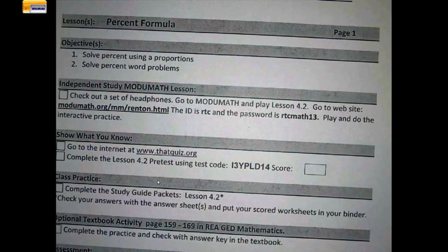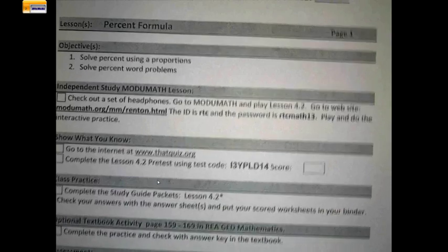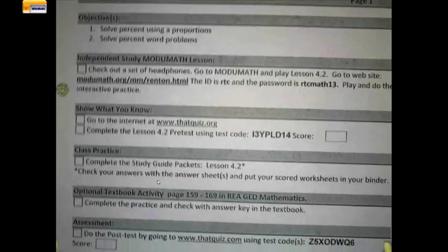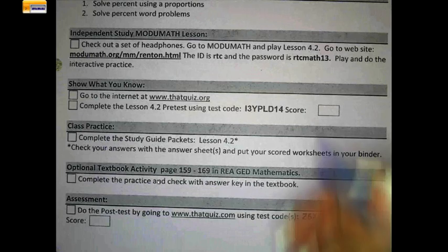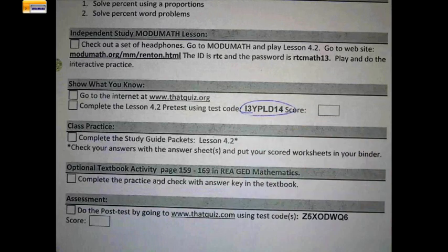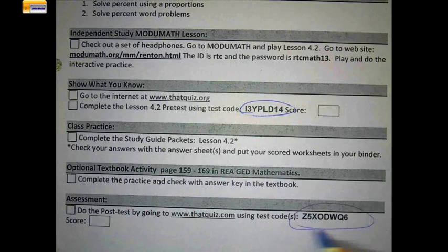I think everybody finished the first one. They had a few questions, but for the most part, they were okay. So your pre-test is I, 3, Y, P, L, D, 14. Your post-test is Z, 5, X, O, D, W, Q, 6.